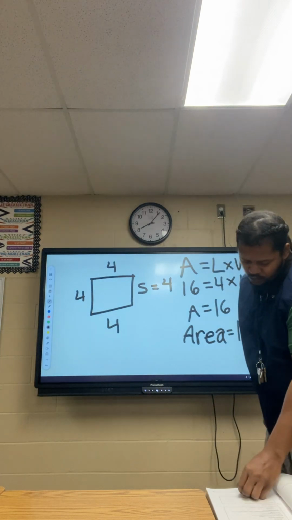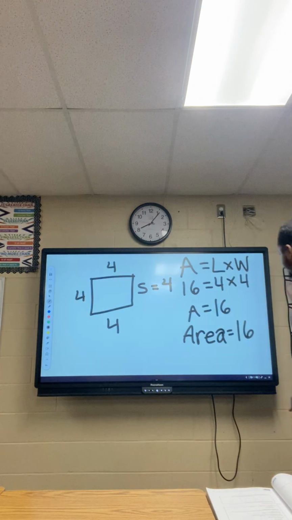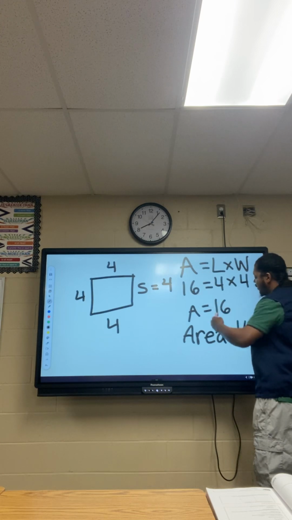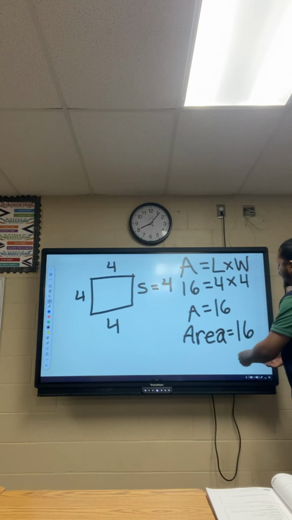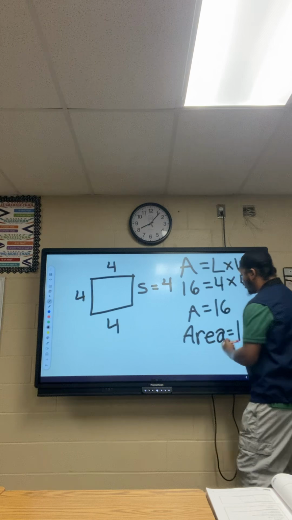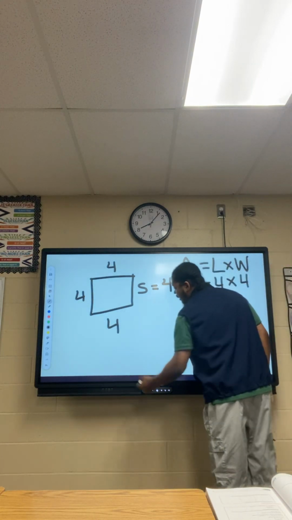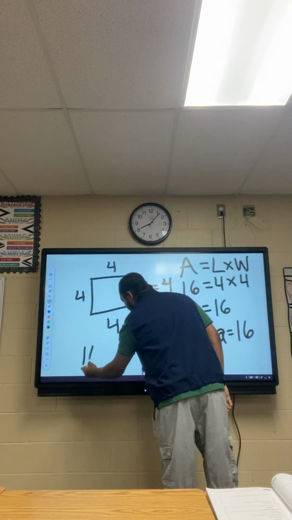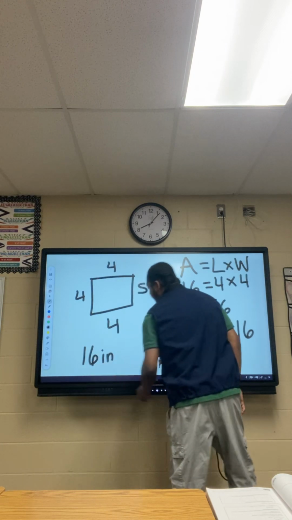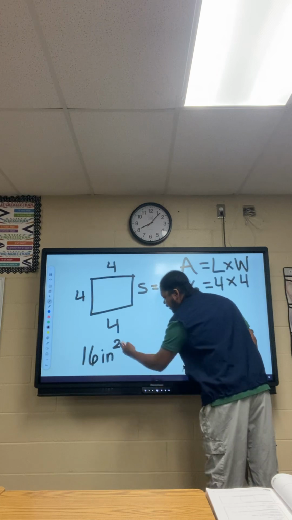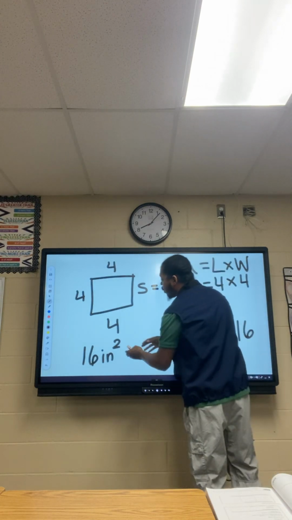All right, I'm gonna go to another one. Oh, also, before I move on, when we're finding the area of a square, after we find it, we also want to put the unit, okay? So we found that the area was 16 inches. So inches is our unit of measurement. So we would say 16 inches, and then if anybody remembers, we have to put the exponent 2 right there, which stands for squared, okay?